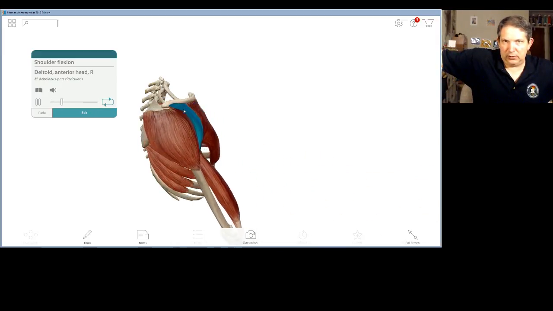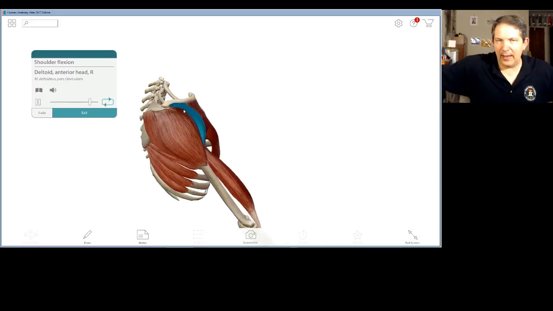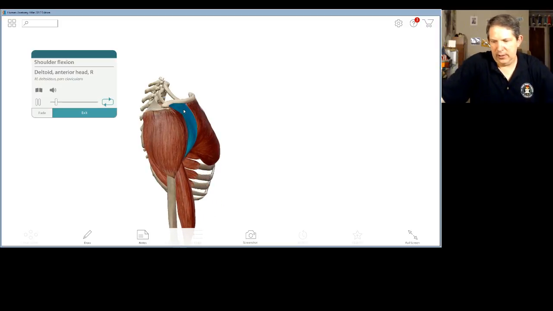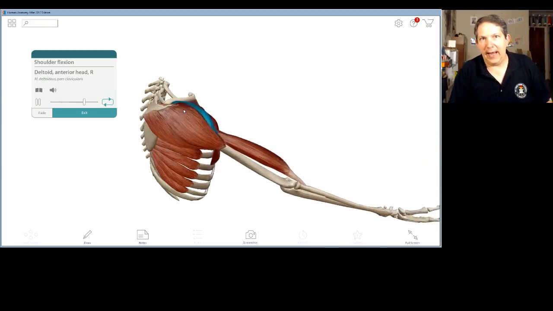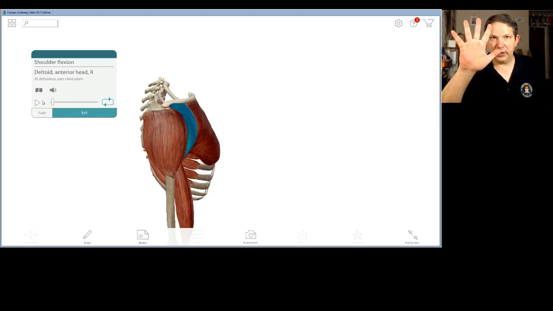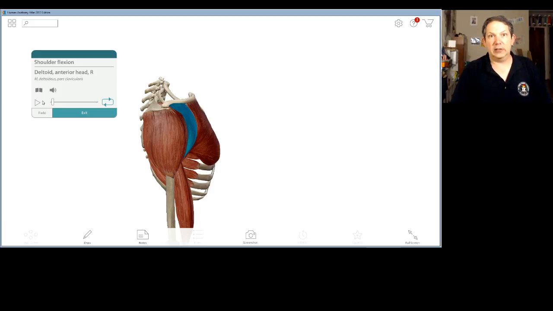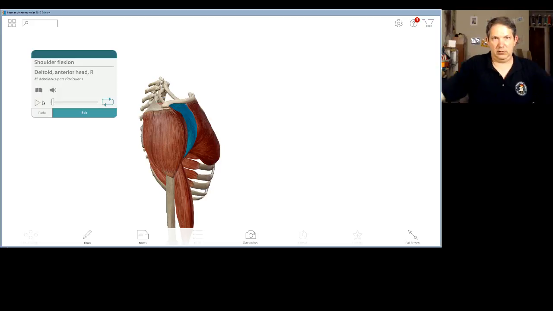That's abduction. We're taking away, abducting. Adduction is drawing in like this. And you can abduct and adduct a lot of things. I can abduct my fingers and adduct my fingers. Jumping jacks are all about abduction and adduction, both the arms and the legs.